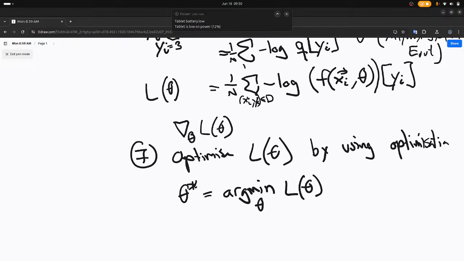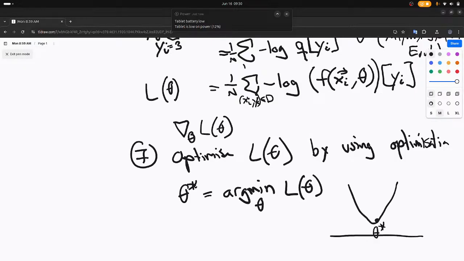One way is that you think that we have this function. It's not a function like this, but this is the minimum. If we only had one parameter, this would be the minimum. We could be here. If we take the derivative here, we could go in this direction and we increase, or we could go in the other way and we decrease.